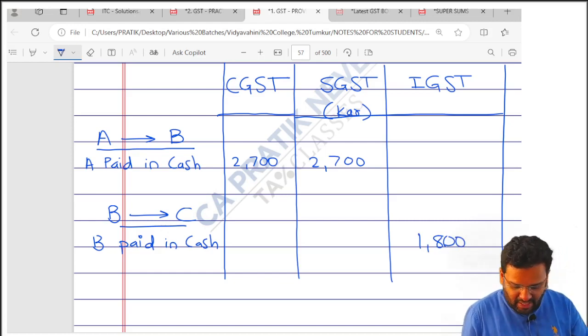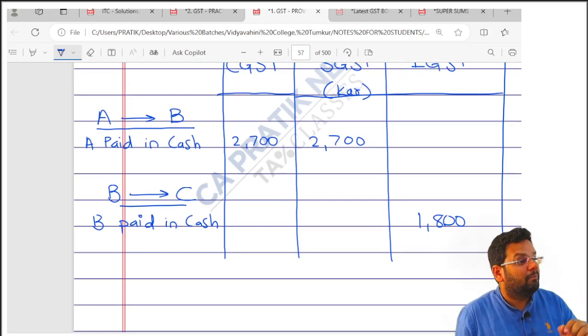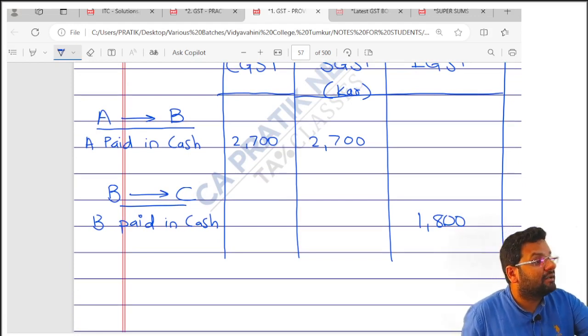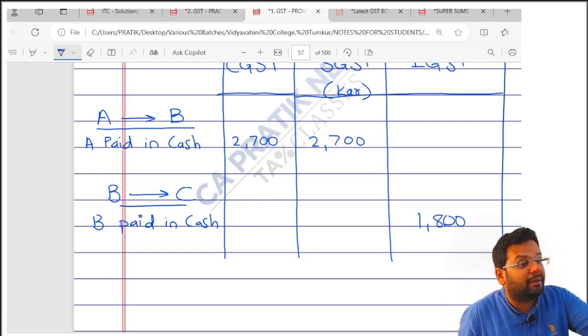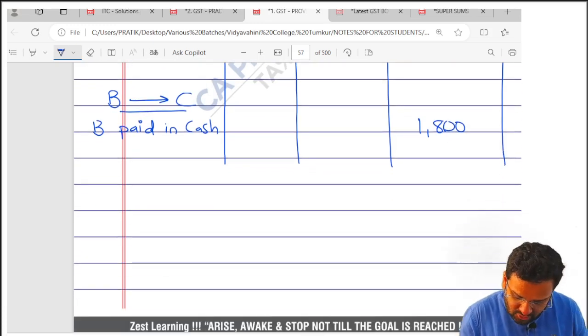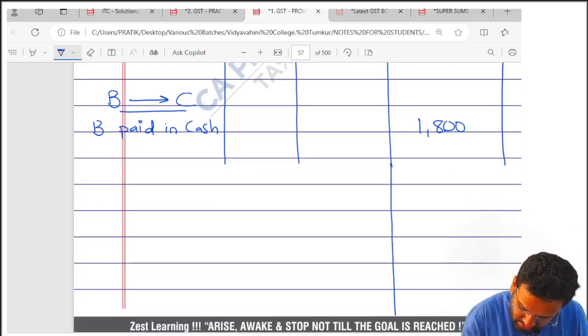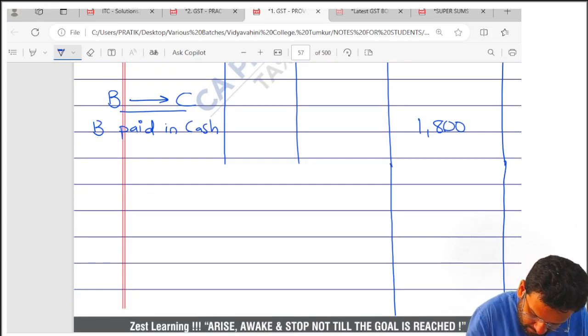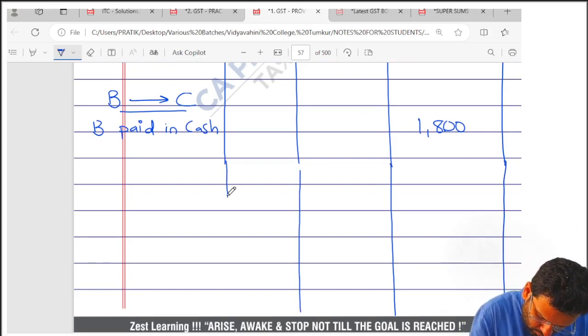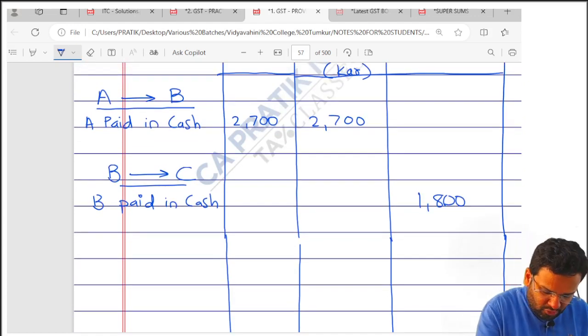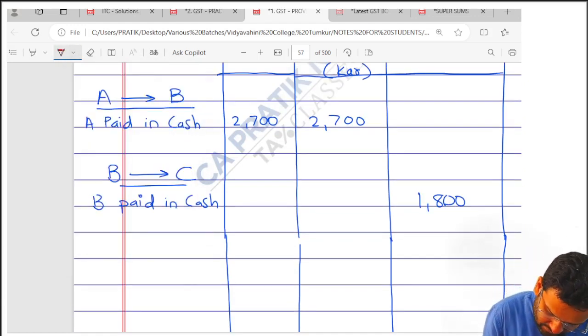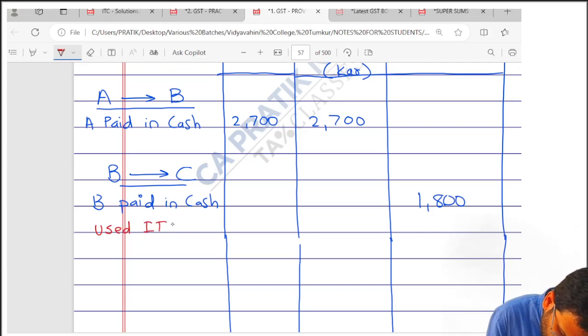B paid in cash 1,800, but he used ITC of CGST and SGST to pay IGST. So how much ITC used? Can you tell me? Most important step. He used ITC of CGST.